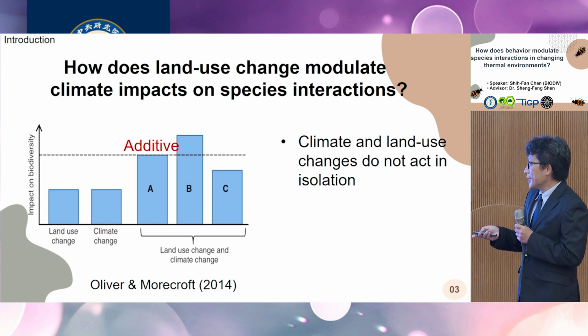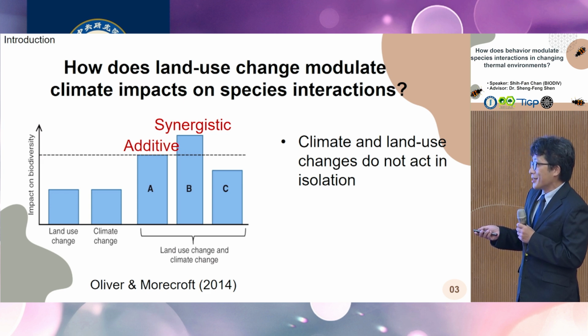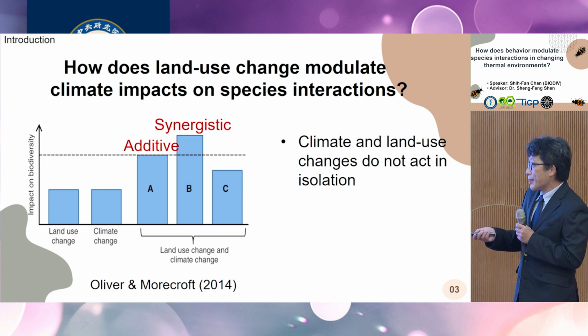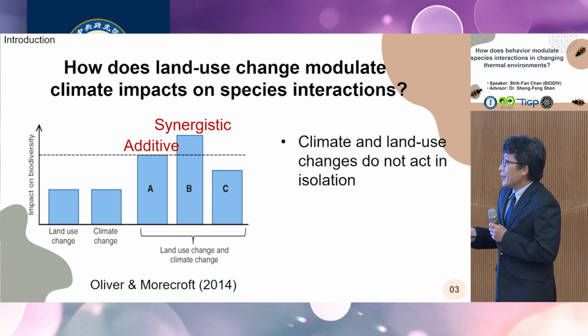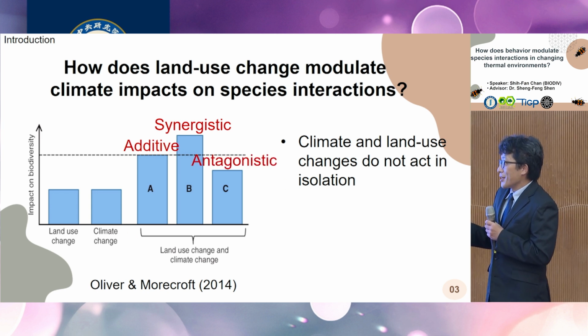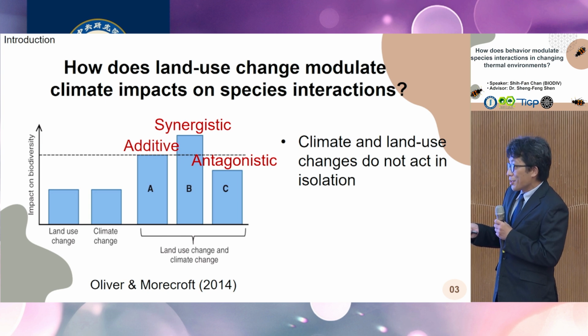However, in reality, we more often see the synergistic effect, which means that the joint influence is more than the sum of the two. And occasionally we can also see some antagonistic effect. That means the joint influence is smaller than the sum.